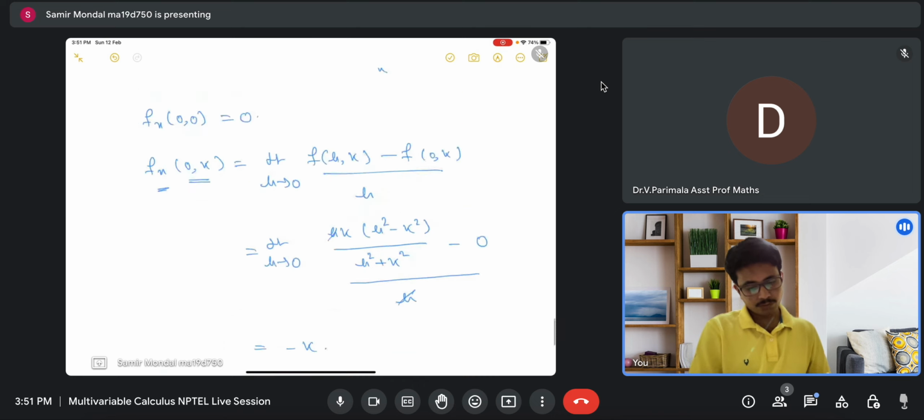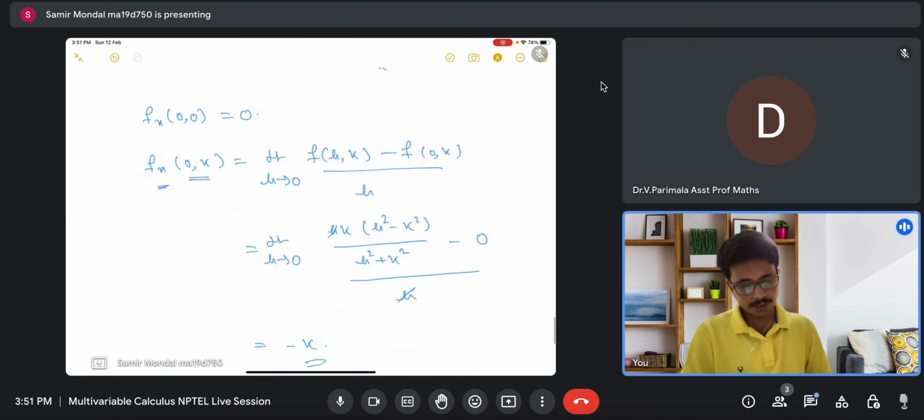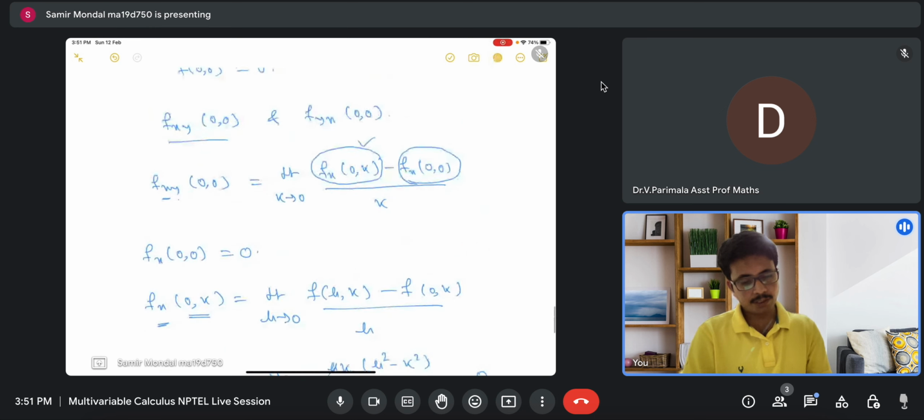So this quantity is −k, and the other quantity is 0. Limit k tends to 0 of (−k − 0)/k, so here we are getting −1. For this one we are getting −1.